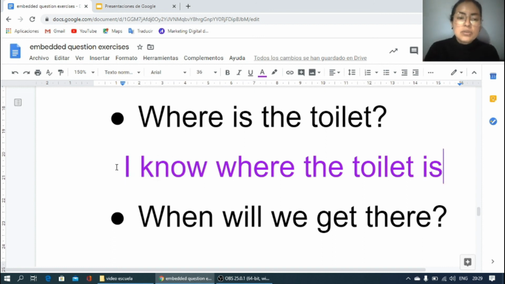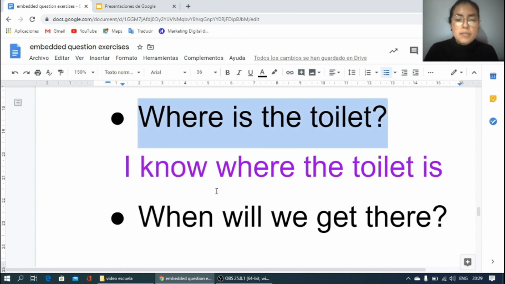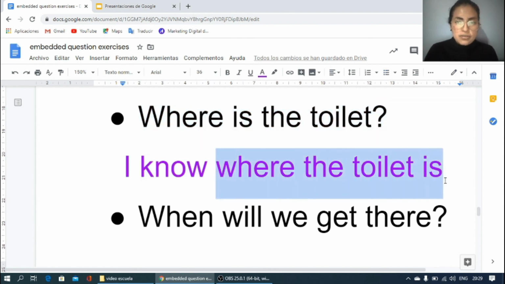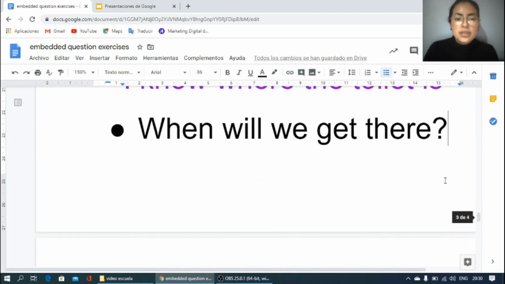Porque no estamos usando una introducción de pregunta, sino una introducción de afirmativa. Cuando ocupamos afirmativa o negativa, no se pone signo de pregunta al final. ¿Ok? Solo se pone la introducción, sea positiva o negativa, se usa las mismas palabras de la pregunta, pero en forma de oración. ¿Ok?